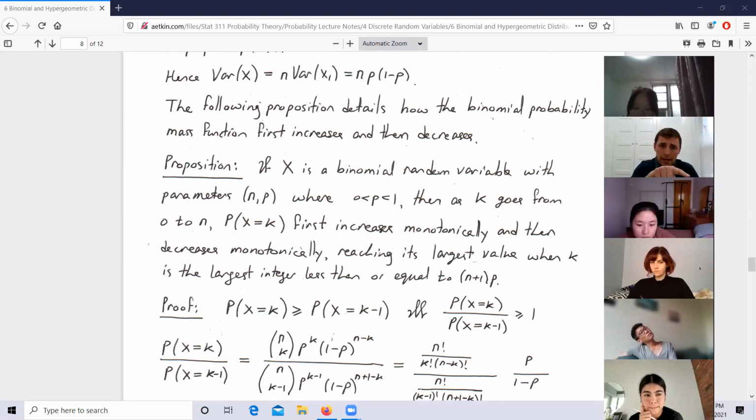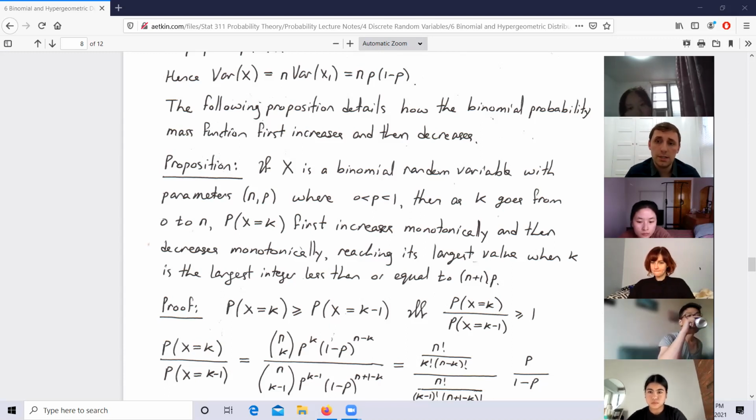Do you understand? So it will have this bell-shaped type of behavior. The more successes, the more likely it's going to be at first, and then once you pass a certain point, it's going to begin decreasing.